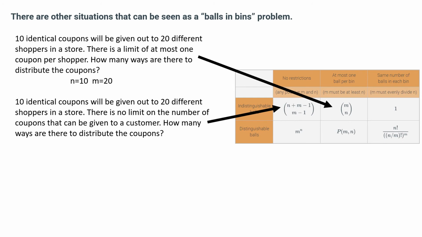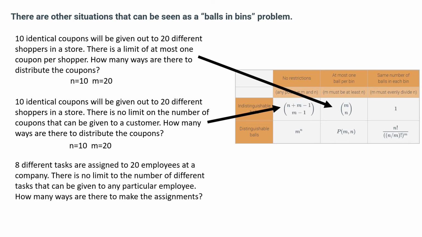And there's no restrictions. So we would use this one, the one in the top left white box in the table. And again, N would be how many balls, now coupons, so that would be 10. And then the number of bins would be 20 because it's 20 shoppers.